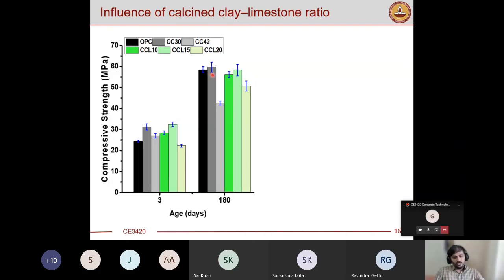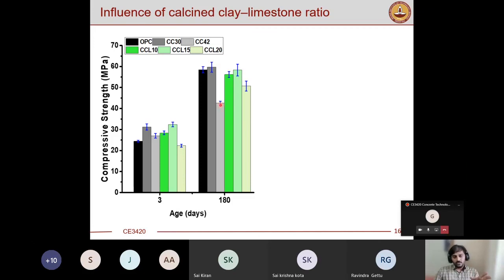When you increase just calcined clay, right, the strength reduces because you have consumed all the calcium hydroxide which is present. So this sort of plateaus the reaction. The reaction never happens after that, right? Because you need calcium hydroxide for your pozzolanic reaction.